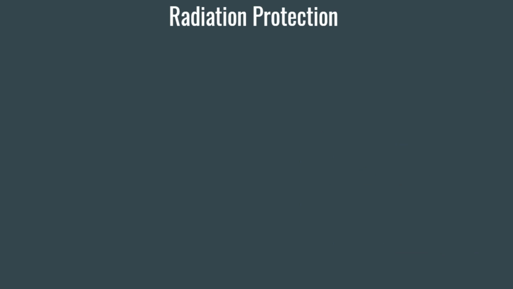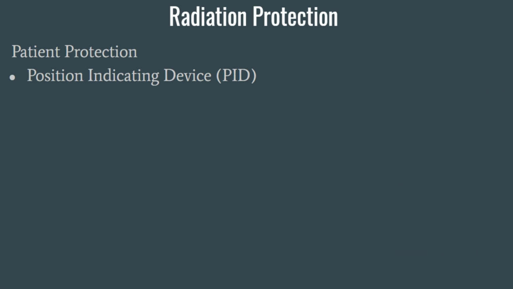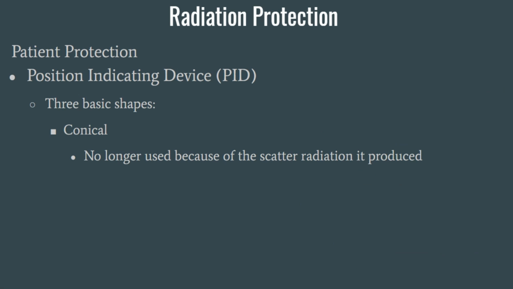And then before exposure, we also have the PID, or the position indicating device. And this is available in 3 basic shapes. And we have the cone. And the cone is no longer used because of the scatter radiation that it produced.